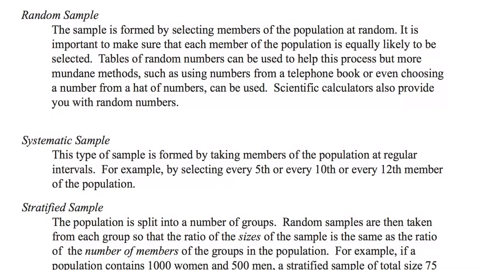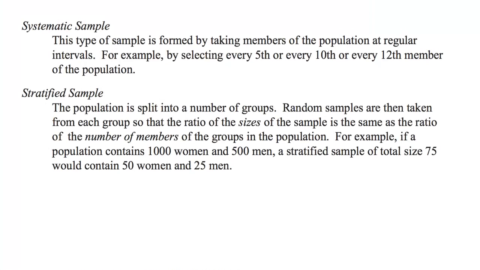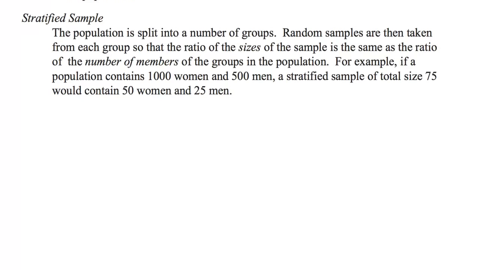Or, and this is the focus of today's video, we could have a look at stratified sampling. Stratified sampling is quite clever because if we consider the way a population is broken down, perhaps by age or in some other way, then we can get the correct proportions into our sample.